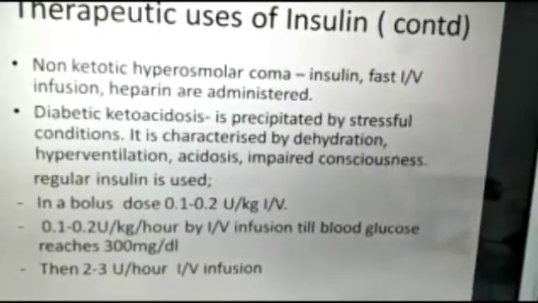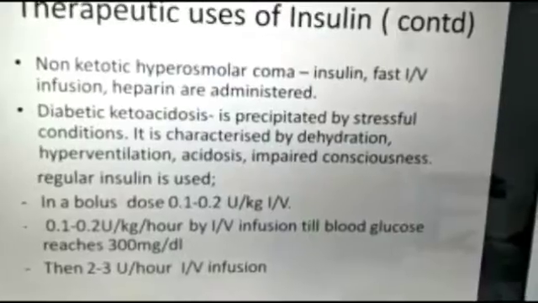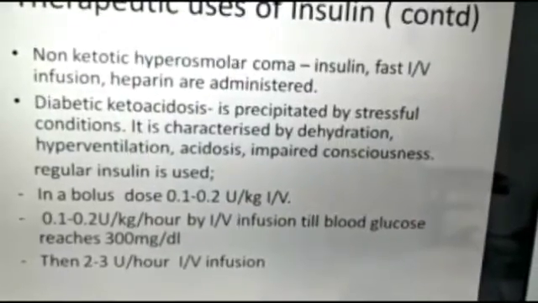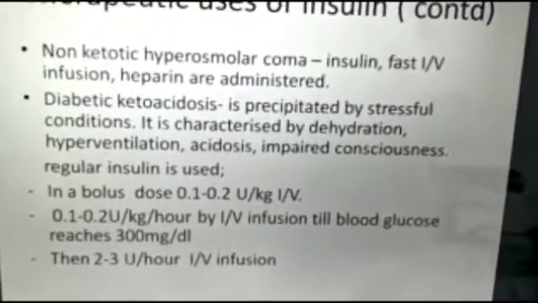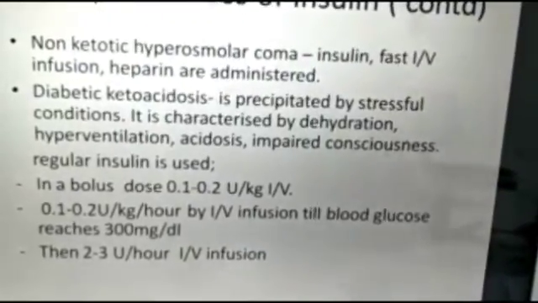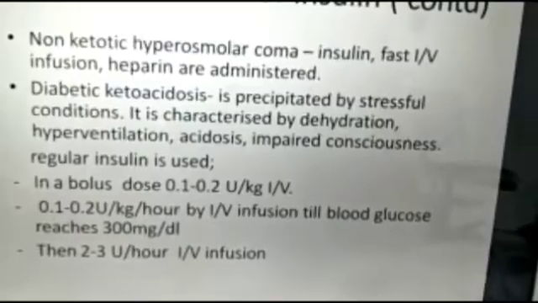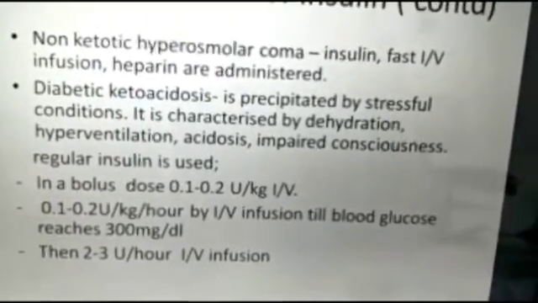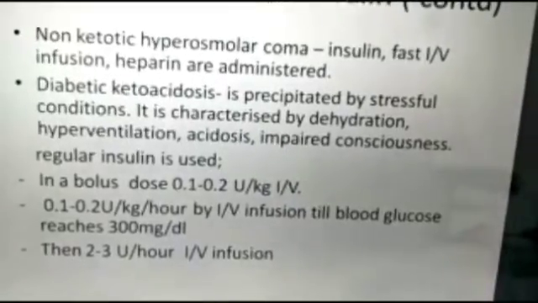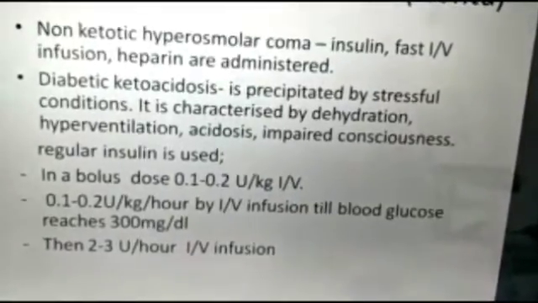So continuing with the therapeutic uses of insulin, it is useful in diabetic complications like non-ketotic hyperosmolar coma. When the blood glucose levels are very high, we give a fast IV infusion with regular insulin, and heparin is also administered in this situation.